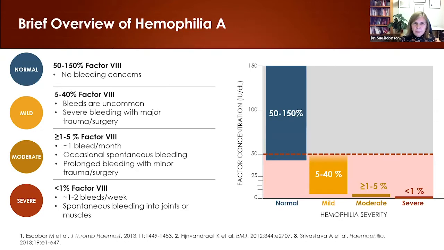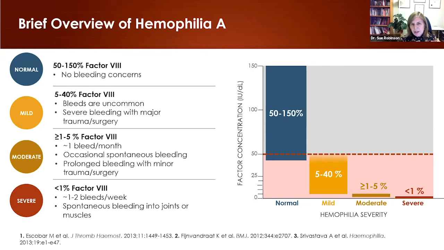So just a brief overview of hemophilia A. The normal level for factor VIII is 50 to 150%. For those of you that see your levels from the lab, the way the lab reports it is 0.50 units per mil, and that would be up to 1.50 per mil. For a patient with mild hemophilia A, the levels are anywhere from 5 to 40%.